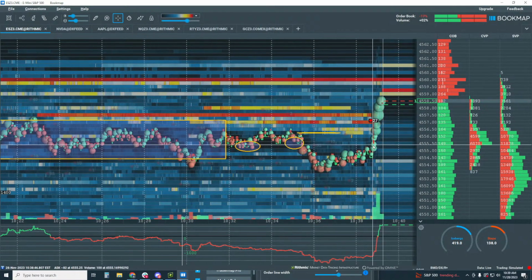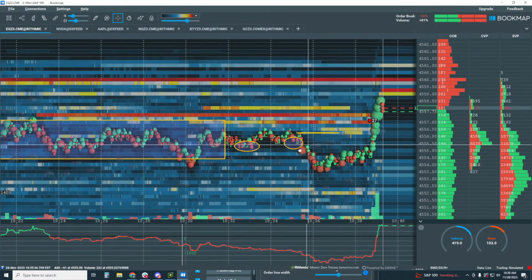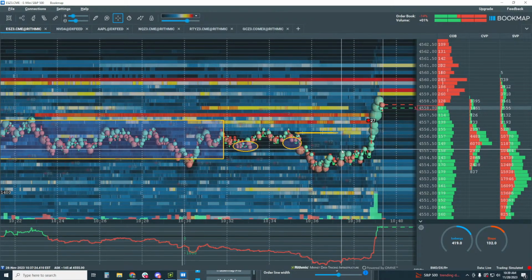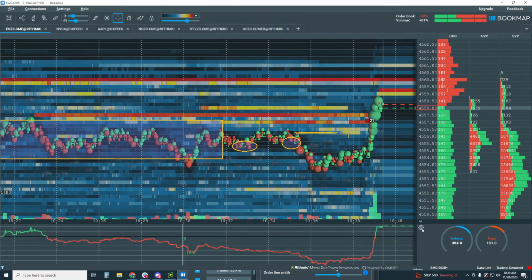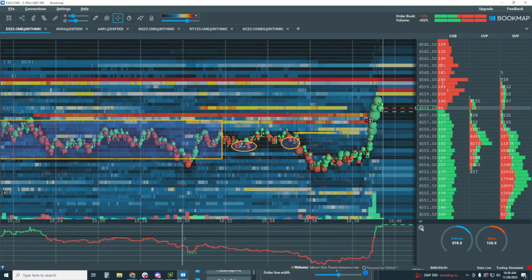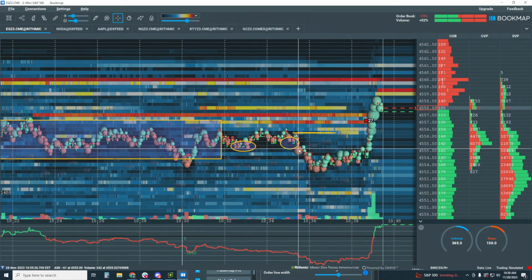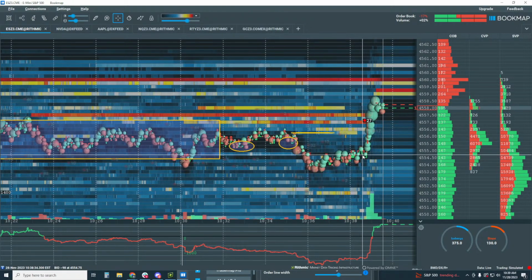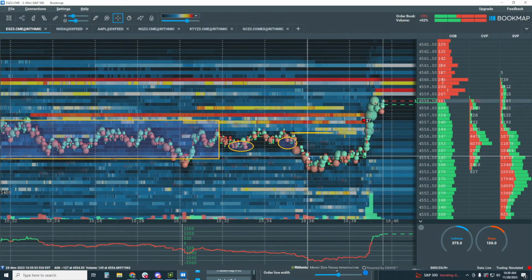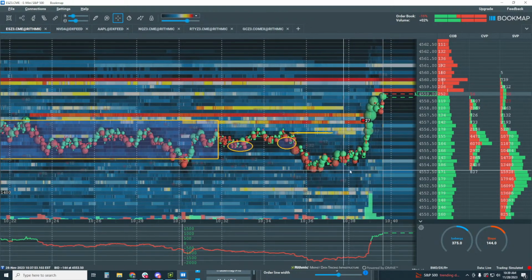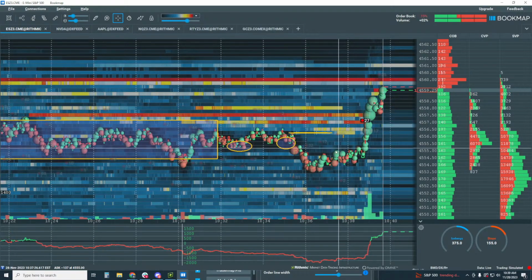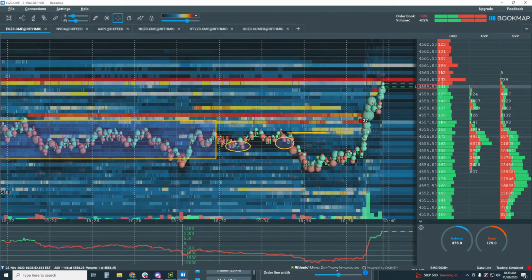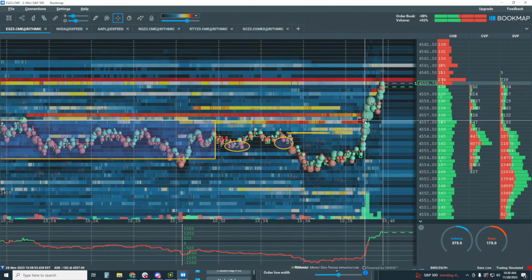This is why we go through the two different scenarios, and one or the other is going to win in this battle, and we can see it now. In hindsight it's really easy, but we're looking for it in real time, trying to understand and gauge what's happening in this little battle area. Once we get the buyers in here, we're looking for our move higher.